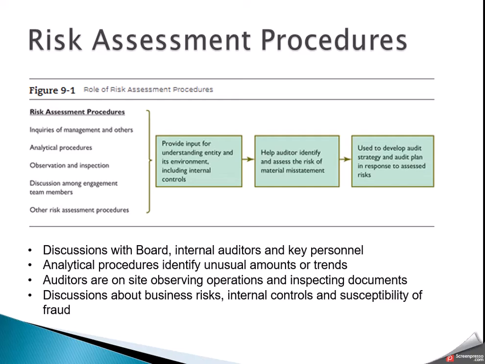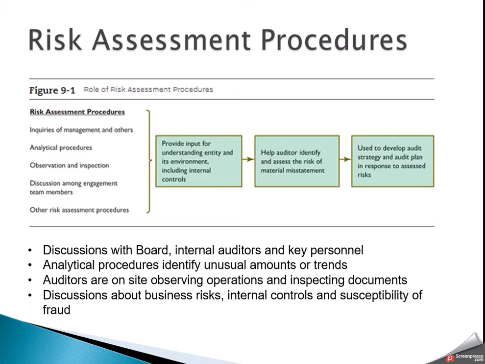Then when they actually get into their audit process, there will be observation and inspection of documents. So they may observe inventory being counted. They may go through and inspect purchase orders to invoices, to how those get into the general ledger. There's always going to be discussion among the audit team members, and it'll go all the way up to that partner level.